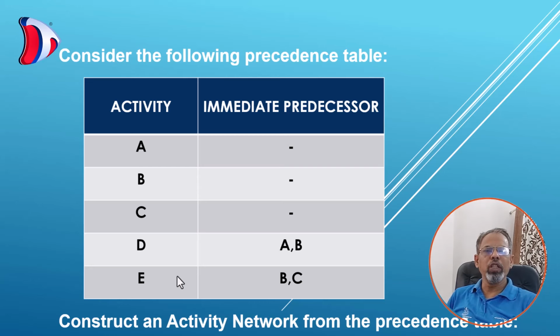So what we are required to do is construct an activity network from the precedence table. But before we can move ahead, we have to redesign or reformat the table to have a correct context of the network diagram.